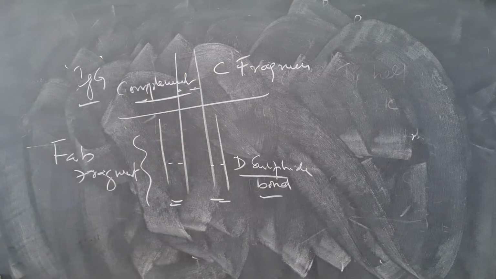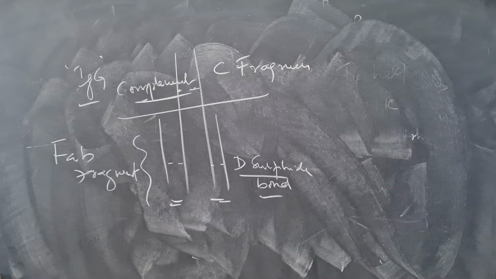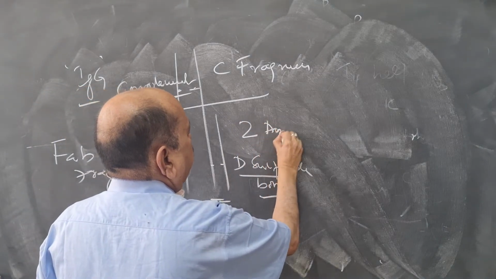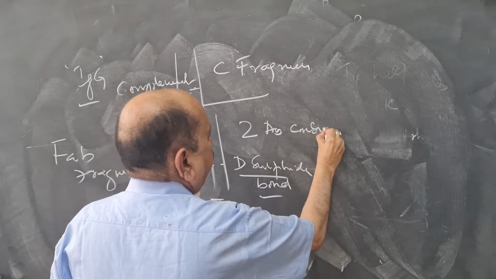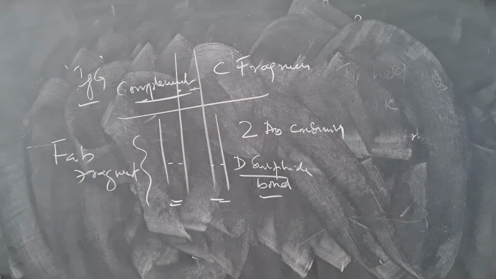This is the Fc part of the immunoglobulin. This is the antibody combining place. So IgG has got two antibody combining sites. How many sites does IgG have? Two.